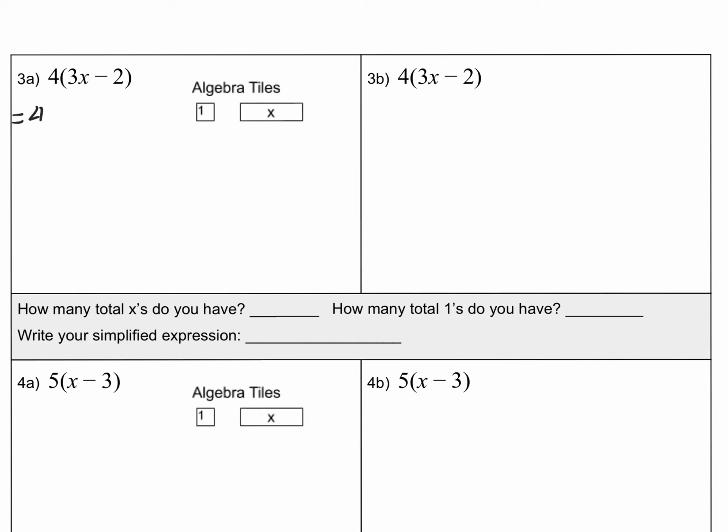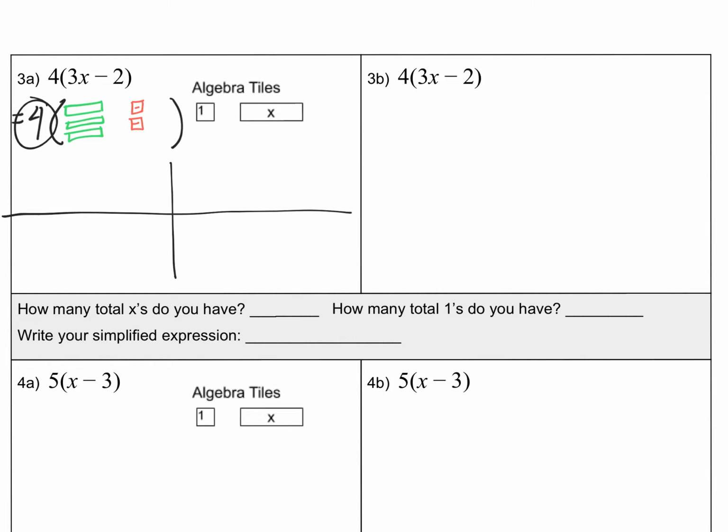For number 3, I have 4 groups of 3x minus 2. So I'm going to draw 3 x's. I also have minus 2. That changes things a little bit because if I have minus 2, I'm going to draw 2 negative 1 pieces. Since I see that I'm going to have 4 of these, I'm going to redraw this same picture 4 times.